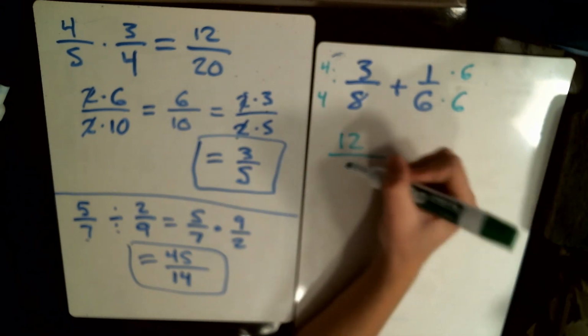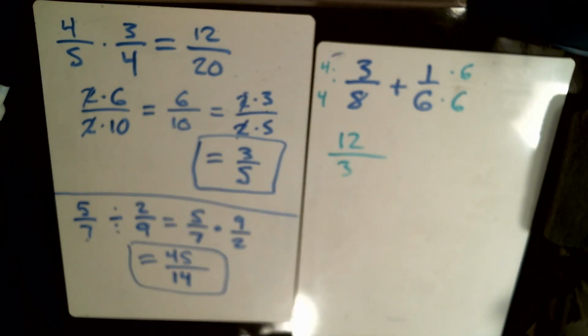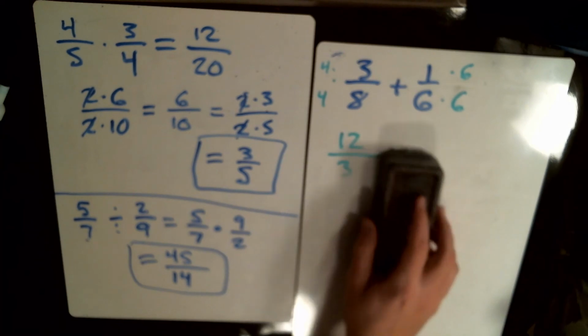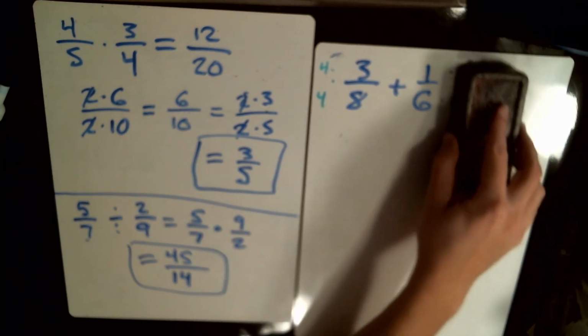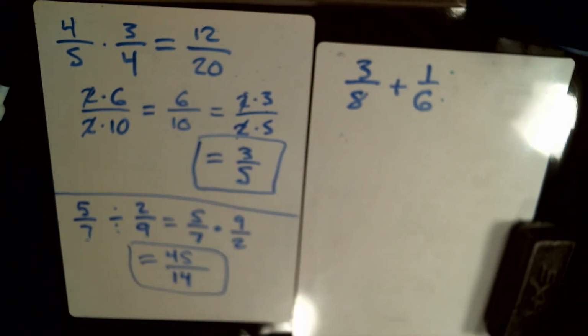And 4 times 8 is, wait, did I make a mistake? 4 times 8 is 32. Sorry. Okay, yeah, so that's a mistake, sorry. Yeah, so that's not going to work. So it doesn't go into 32.